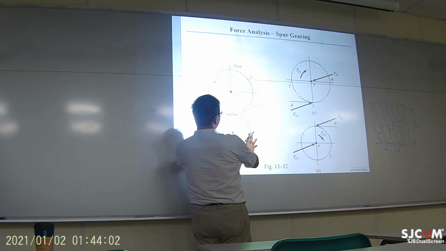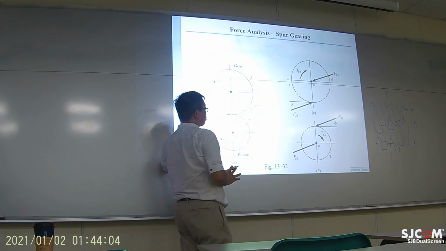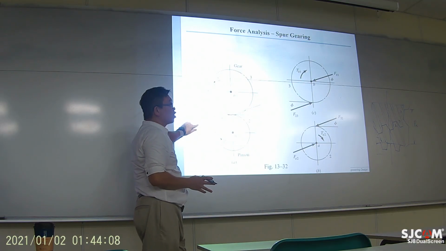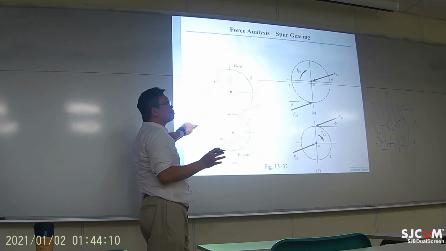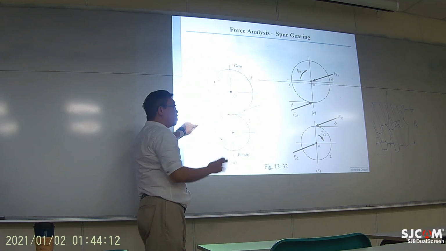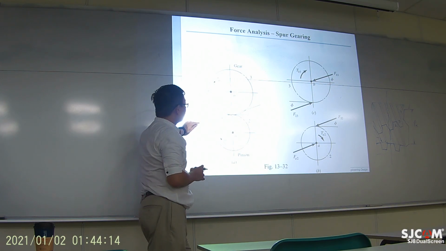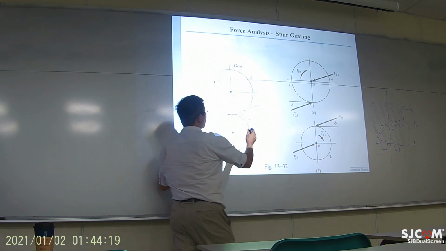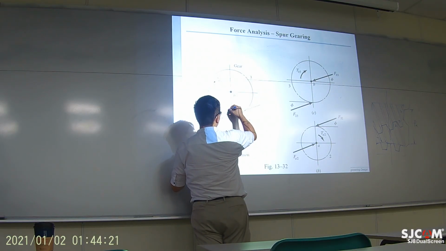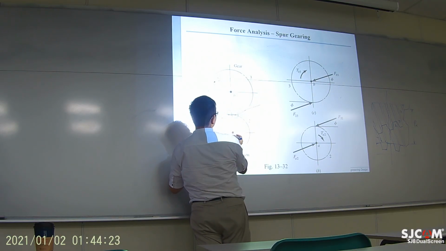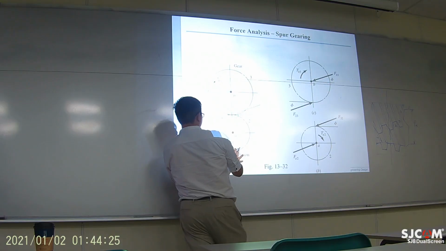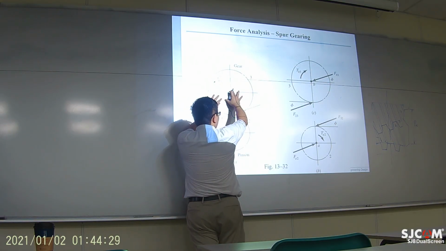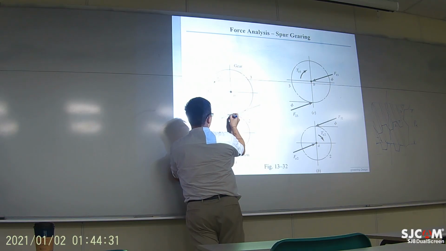When we have a drawing like this, we are actually having the drawings of the pitch circles and pressure angle. So we know the force passing between both sides must be lying on the pressure angle. If I have a tooth right here, the force being applied from the pinion to the gear has to be going this way.